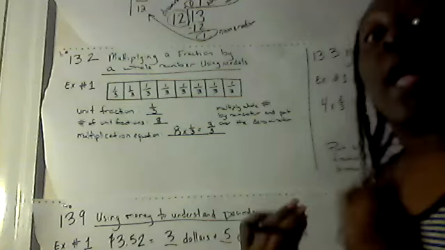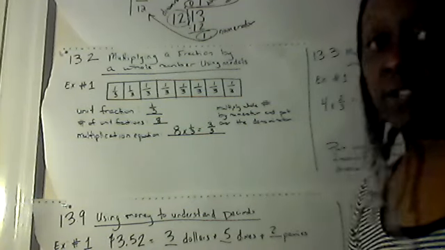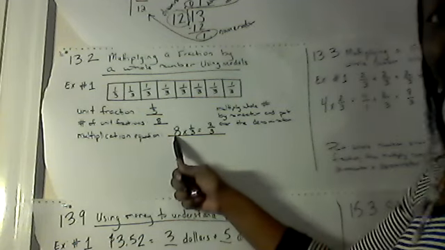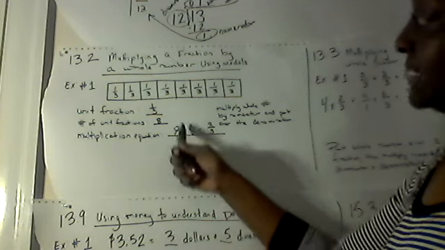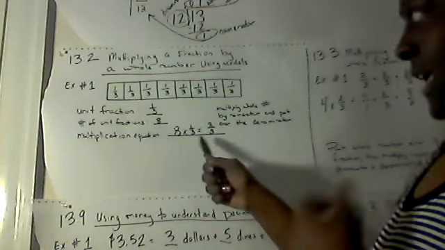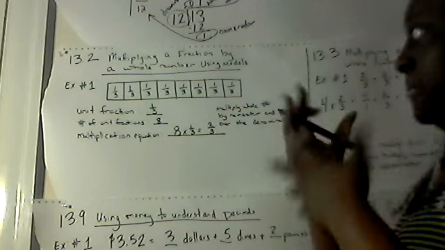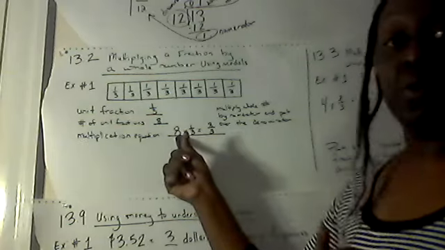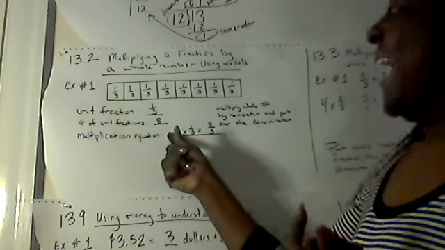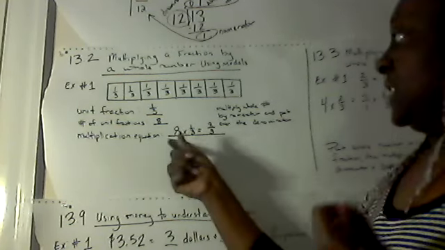Then it says to write a multiplication equation. So all you do is take the number of unit fractions you had, multiply that times the unit fraction to get your answer. Now, the tricky part about this is what I don't want you to do. I don't want you to multiply the 8, which is your whole number, times the numerator and the denominator.